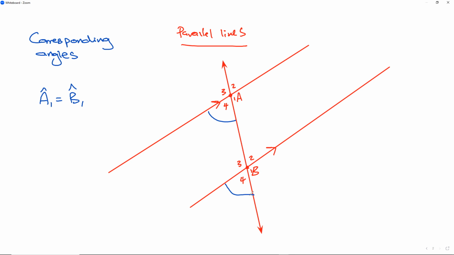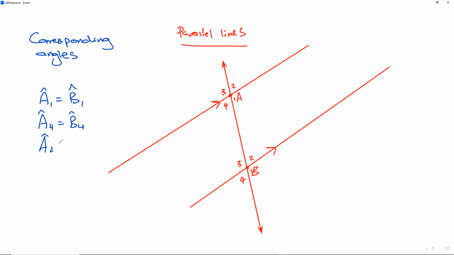And A4 and B4 do the same thing. So A4 is equal to B4. And then A2 is equal to B2, because they're in the top right-hand corner. That's also going to be a corresponding angle.